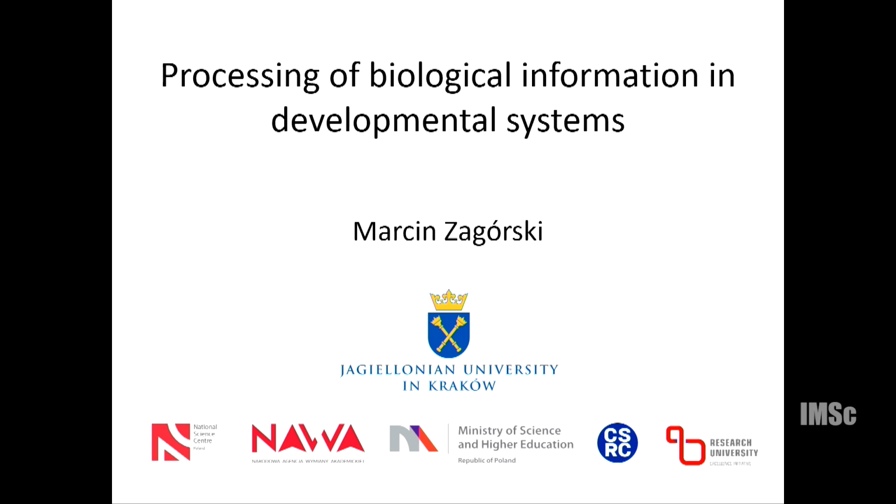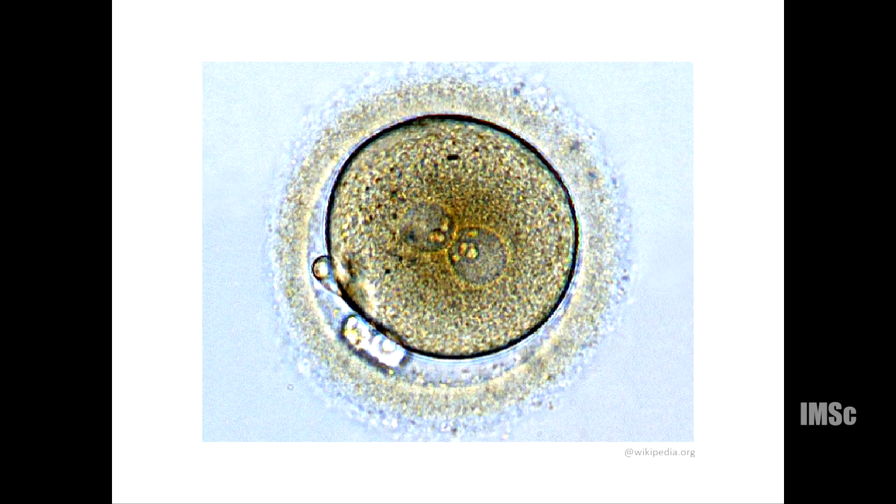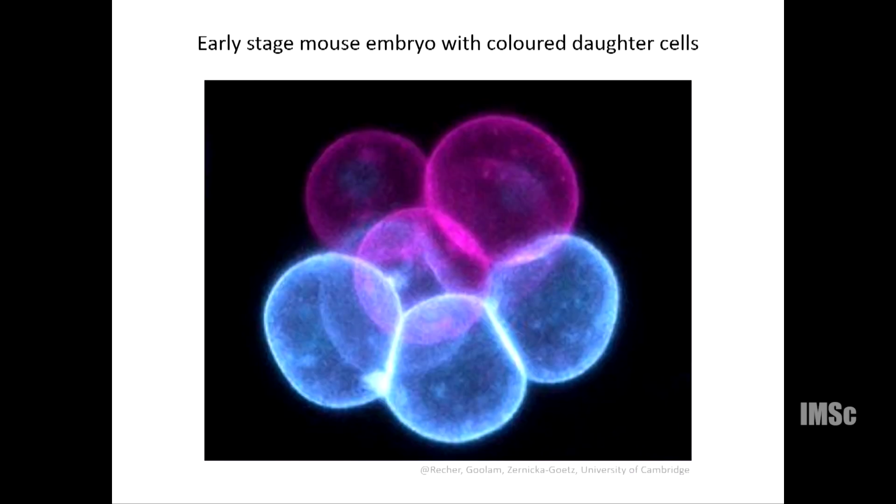But before I start this positional information part, let me start with a simple yet, I think, more fundamental question. How is it possible that from a single cell, a multicellular complex organism develops in a very precise and reproducible way? It all starts with a single cell. The cell quickly divides, and the cells increase in numbers.